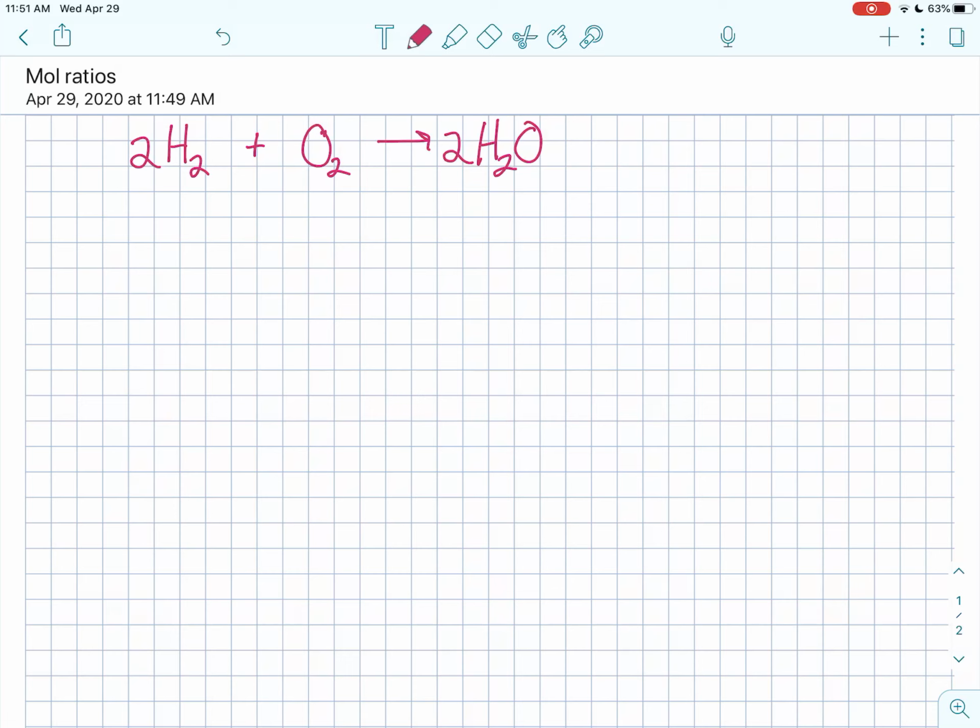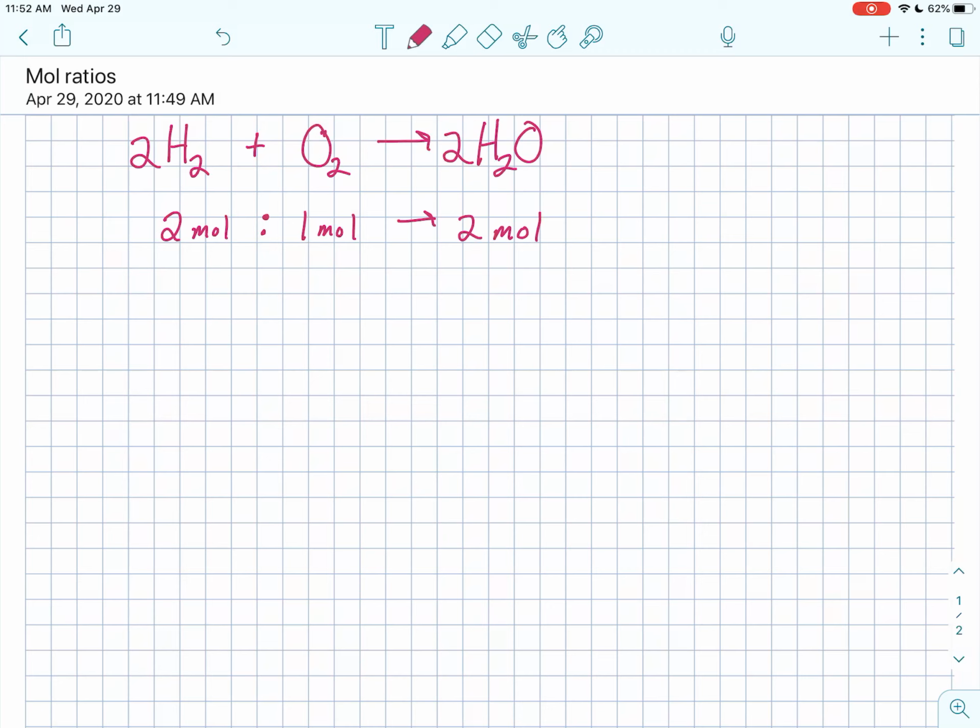And so this tells me that for every 2 moles of hydrogen, I require 1 mole of oxygen, which will allow me to produce 2 moles of water. And so now I can use these to convert between things.